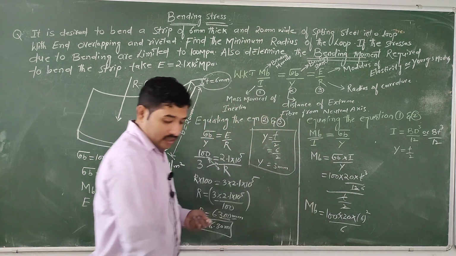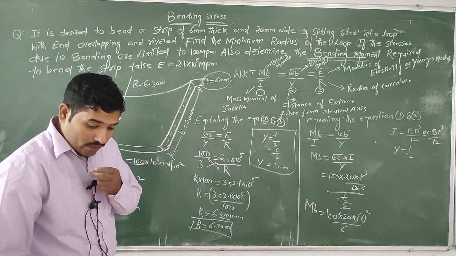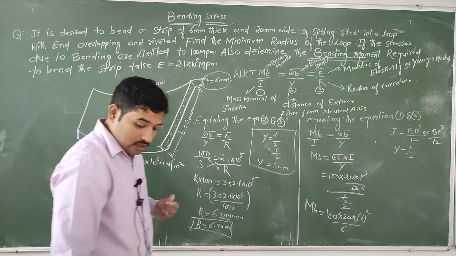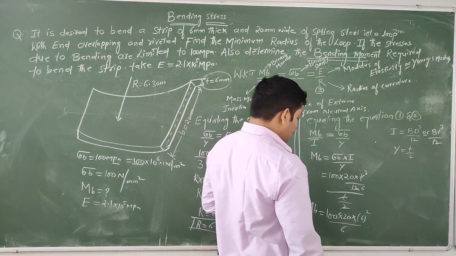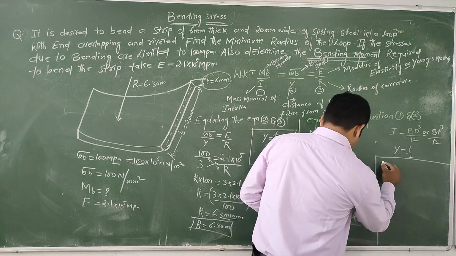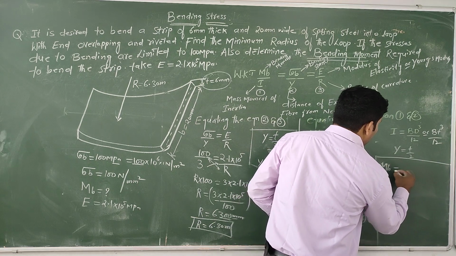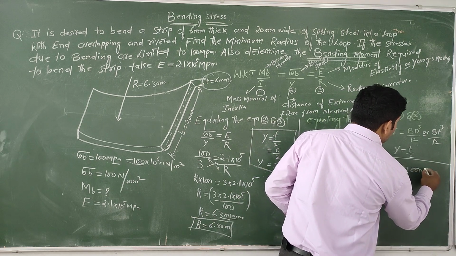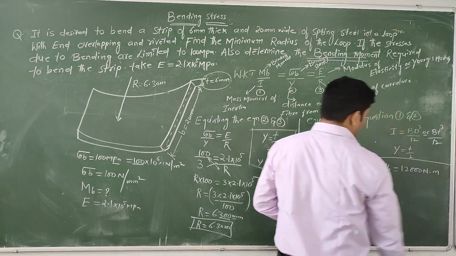If you divide this term, then you will get the value 12,000 Newton. So I am getting the value MB equal to 12,000 Newton mm.